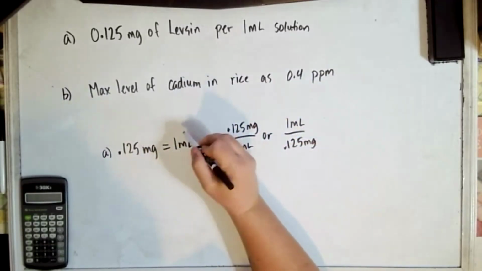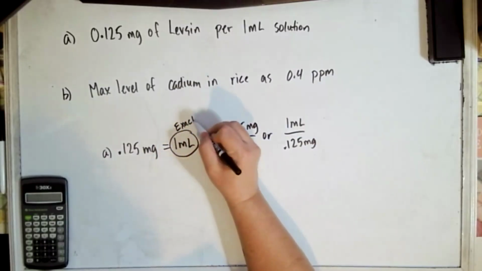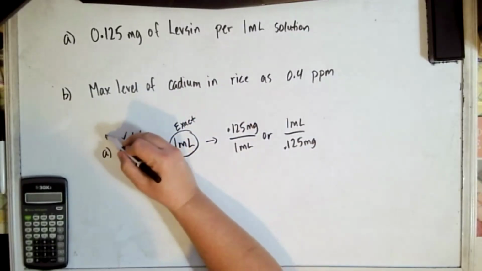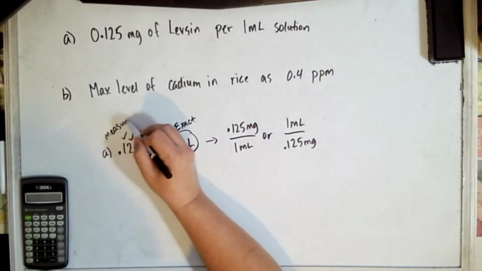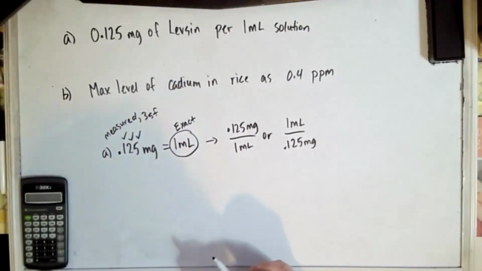In this equality, our 1 milliliter is exact and our 0.125 is measured. And there's 3 sig figs there.